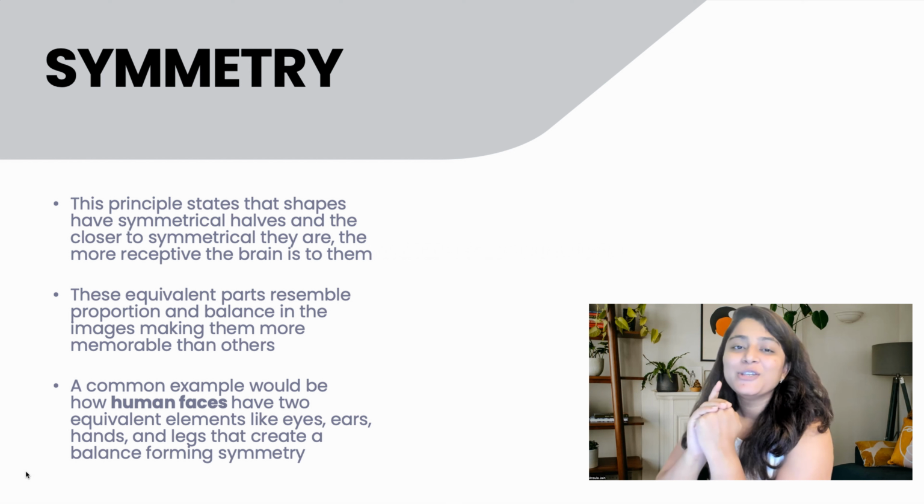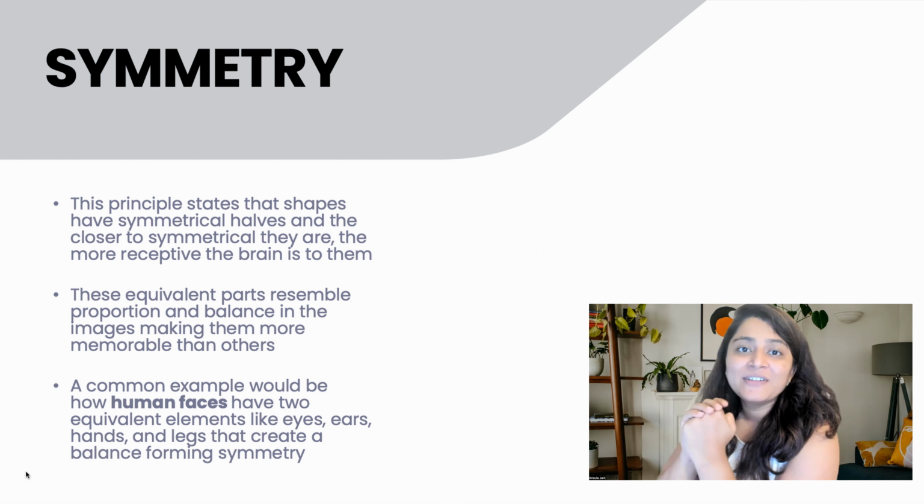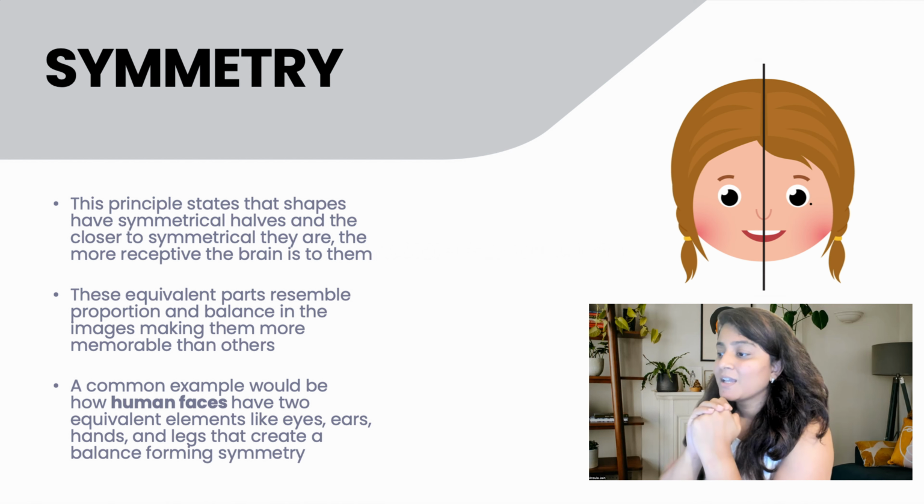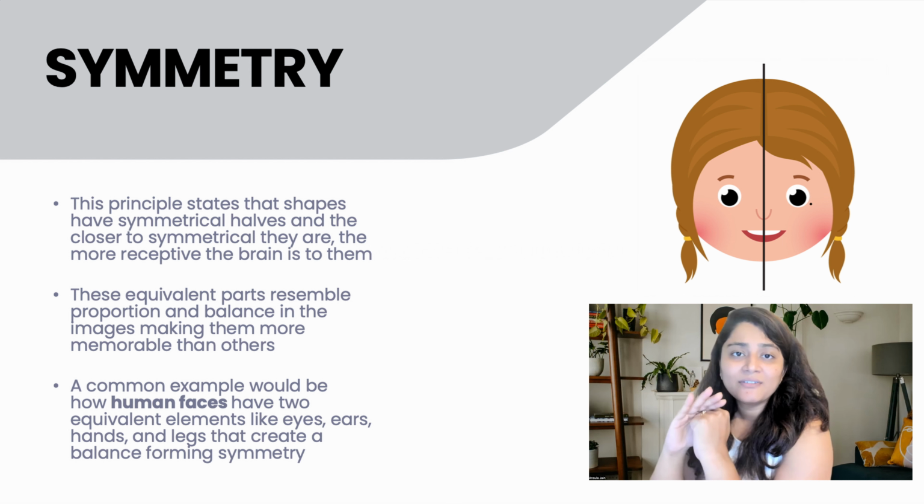So I'm sure you will be able to relate very well with this particular one, which is called symmetry. So the principle of symmetry is basically that if you draw a line or an axis, then whatever image you're looking at, the left hand side and the right hand side, or the top and the bottom of it would exactly be its mirror image.